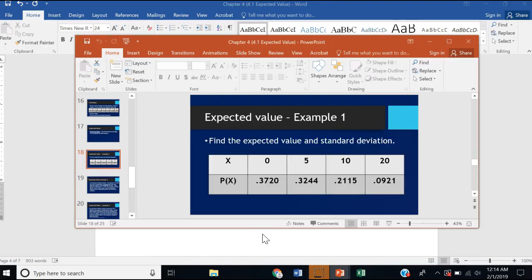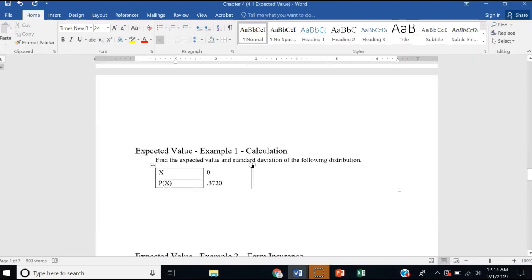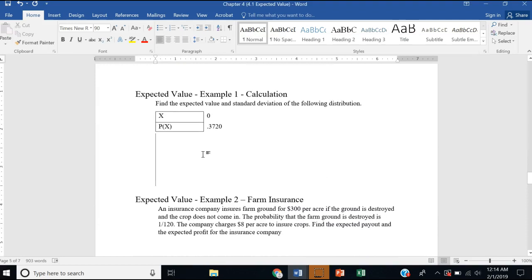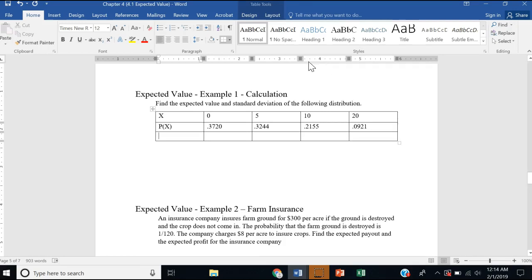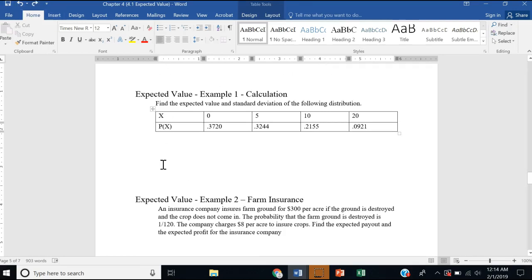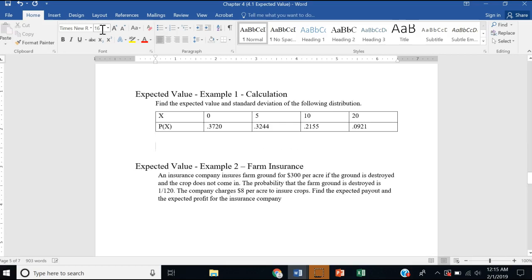Now let's think about this in light of what we just said. Okay, so notationally, here's what we would do.